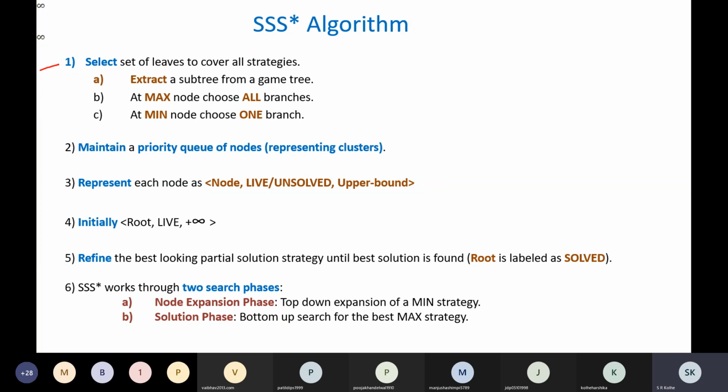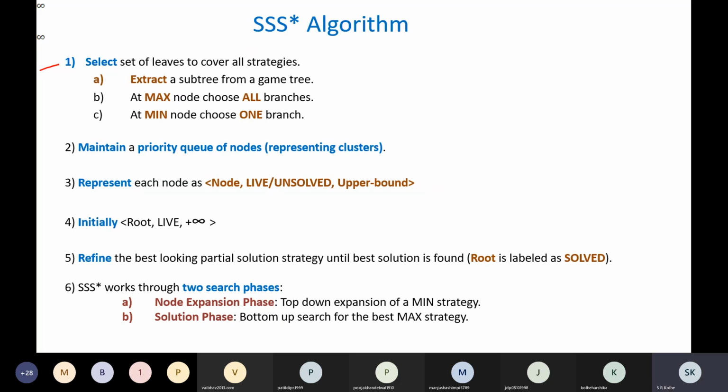So what does the algorithm do? The algorithm refines the one with higher upper bound, and when a fully refined strategy has a higher value than other partial strategies, the algorithm will terminate. Simple mechanism now. Again I am repeating.